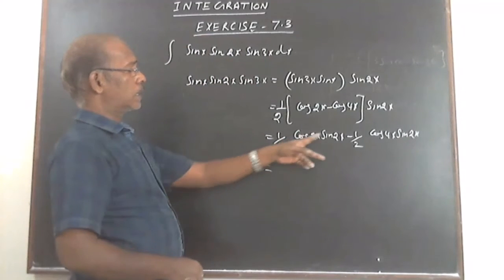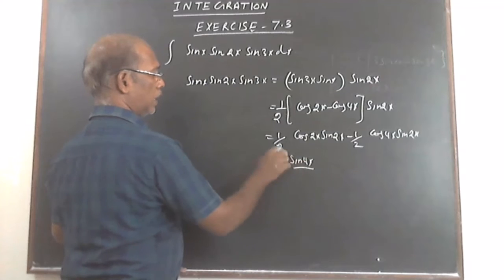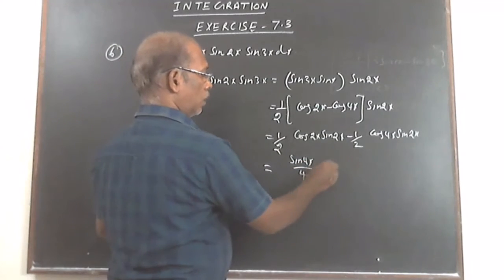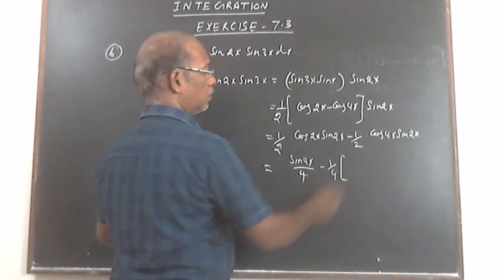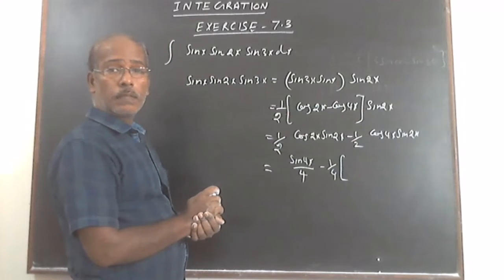Using the identity, the first term is sin 4x by 2, so sin 4x by 4. And minus 1 by 4, and sin of A plus B minus sin of A minus B.